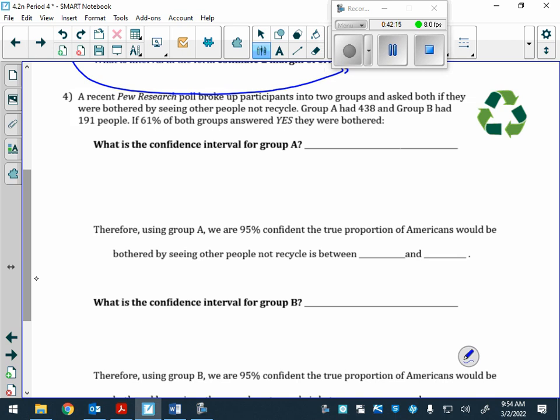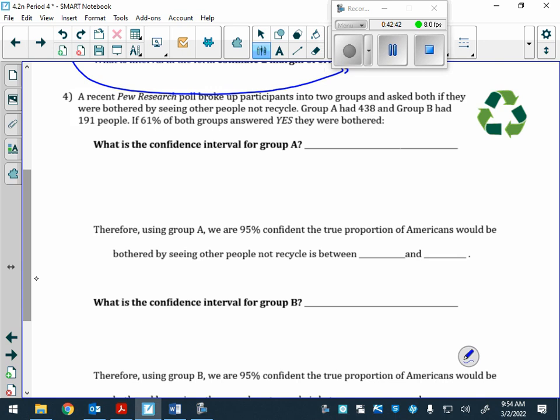It's our statistic, right? 61% is our statistic, our estimate. So what is our margin of error for Group A? 61% of Group A and 61% of Group B. Yeah. It ends up being the same percentage for both groups.